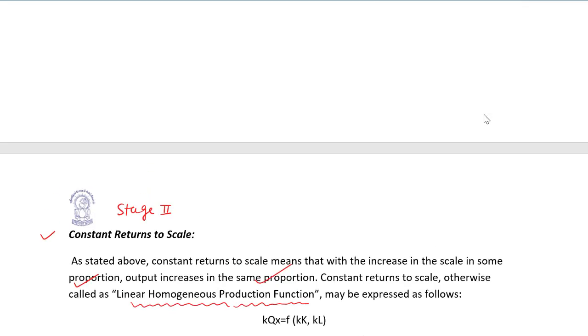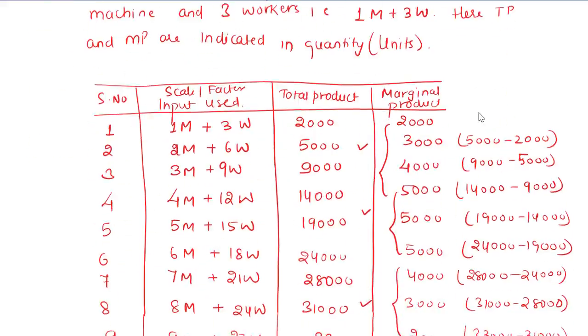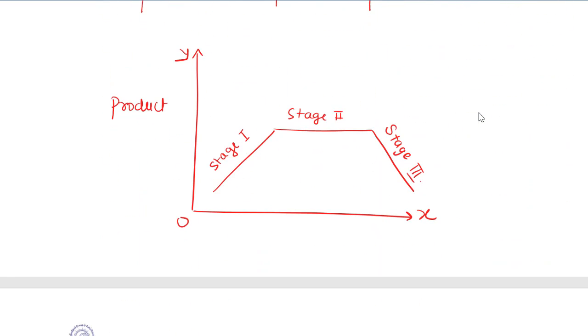Decreasing returns to scale, constant returns to scale, and increasing returns to scale. You can write over here, stage 1, increasing returns to scale. Stage 2, constant returns to scale.